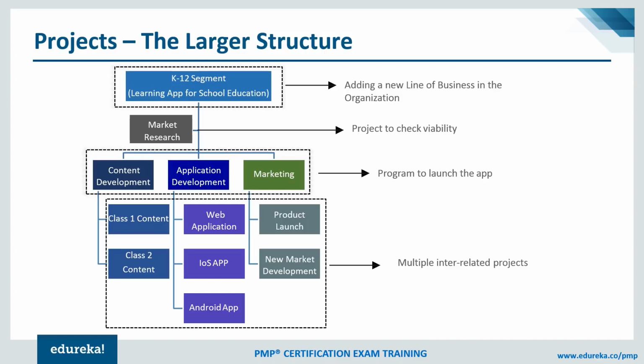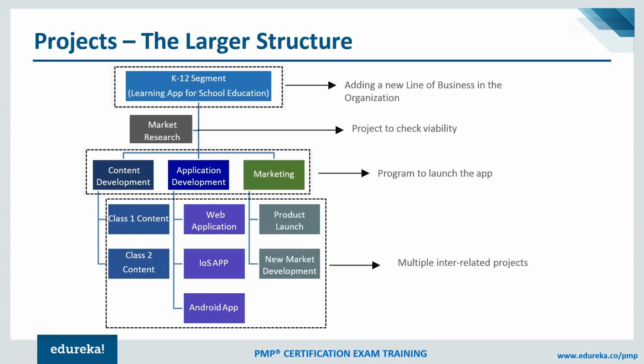So the one which is working on the content development, they will have some smaller teams working on the content for the different classes. One team is working on class 1 content, second working on class 2 content, and so on. Application development, your company wants to launch this application in all the formats, so you have one team working on the web application part, second working on iOS app, third working on Android app, fourth might be working on Windows app.